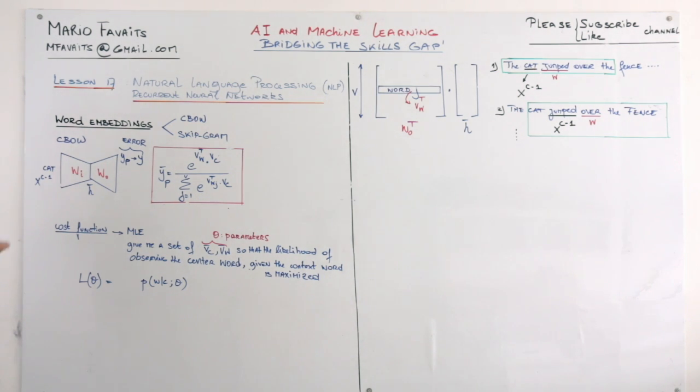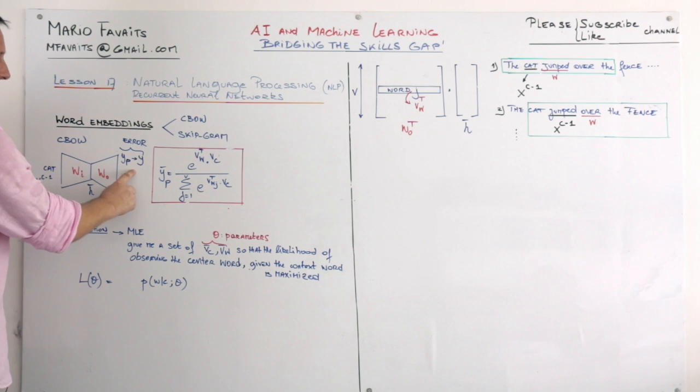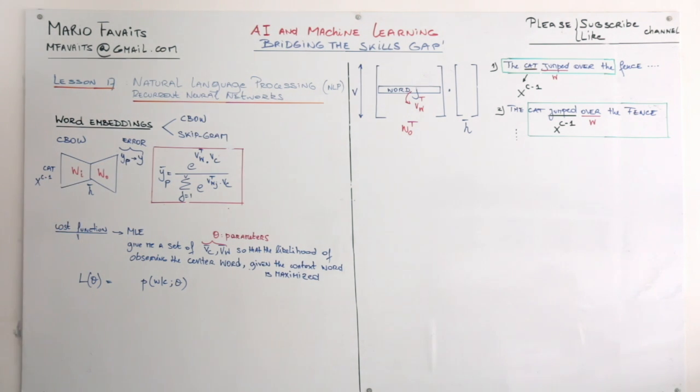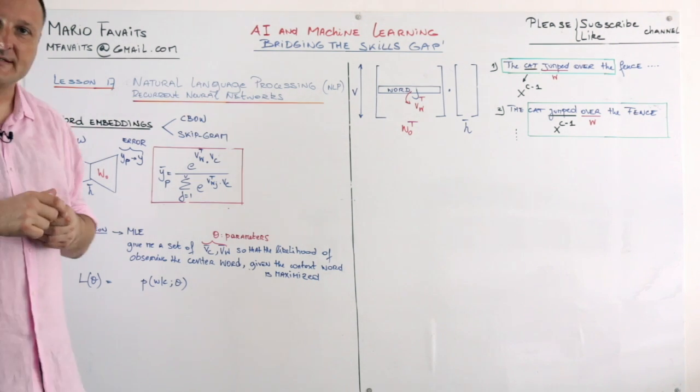We're going to iterate a few times until Wi and Wo don't change anymore, and this is where we have the optimum. Now how do we do this? Well, we have to define a cost function, and in this case we will use the maximum likelihood estimate.